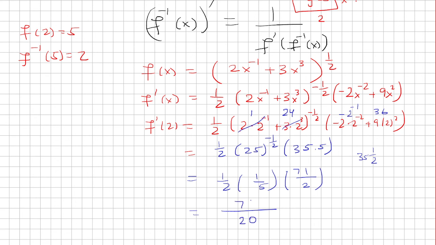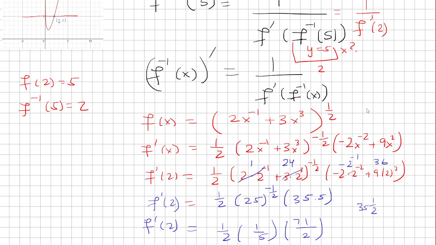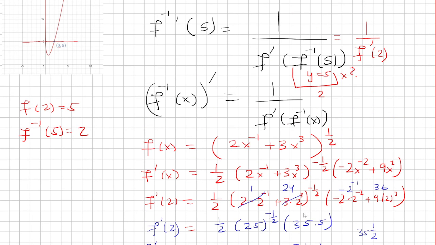And then we have 71 at the top. So that's going to be f prime of 2, keep in mind. So if I go back here at the top, 1 over f prime of 2 would just be 1 over 71 over 20. So it's like the reciprocal of 71 over 20, which is 20 over 71. And this is my answer.